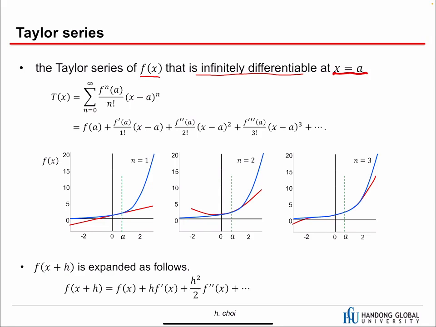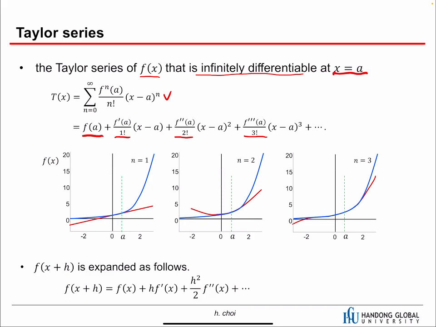Then the Taylor series of f of x can be summarized like this. If we unfold this summation, we have f of x, the first derivative, second derivative, and third derivative.